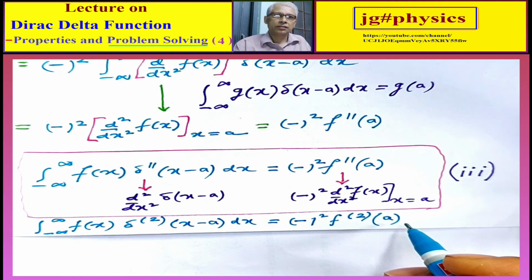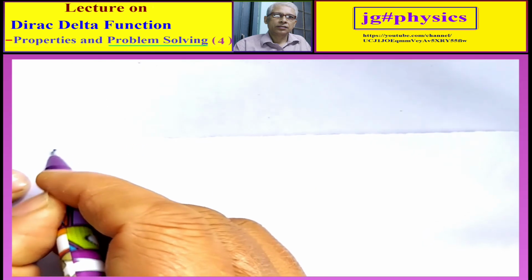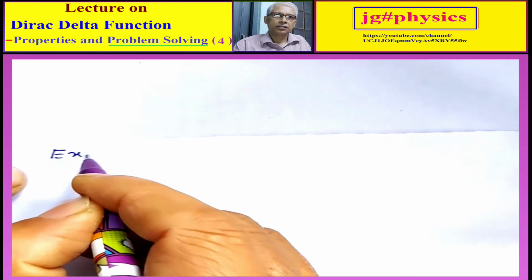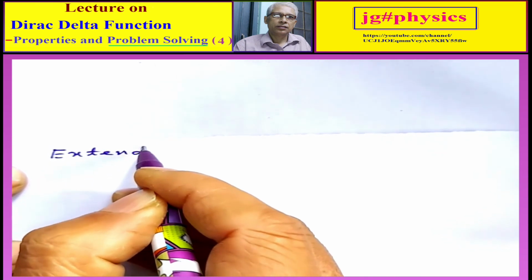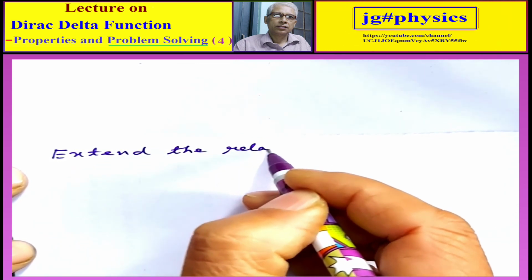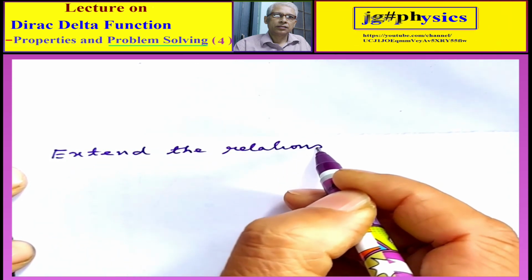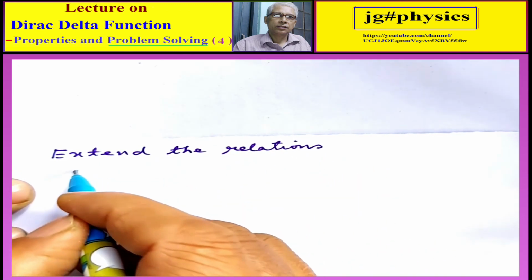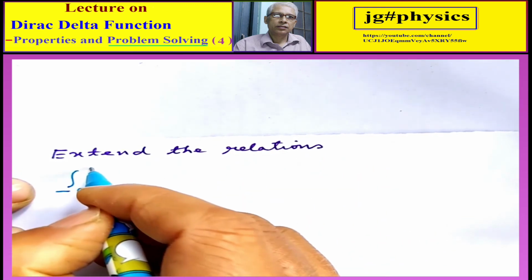Let us now extend the result we have got. That is, write it in a general way. We had a relation with zero derivative, and this is it.